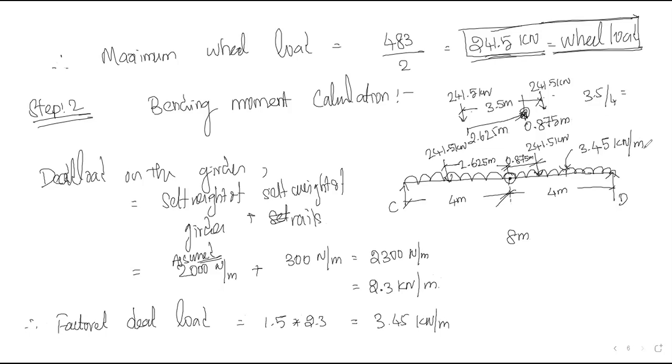Now, corresponding to this value, we have to calculate the reactions RC and RD, and the bending moment. Among them, we see which one is maximum and go based on that. Here we are going to separate into two categories: one considering only the wheel load, and the other considering only the UDL. Based on that, we are going to calculate the bending moment at mid span. This I'm going to take as point E.